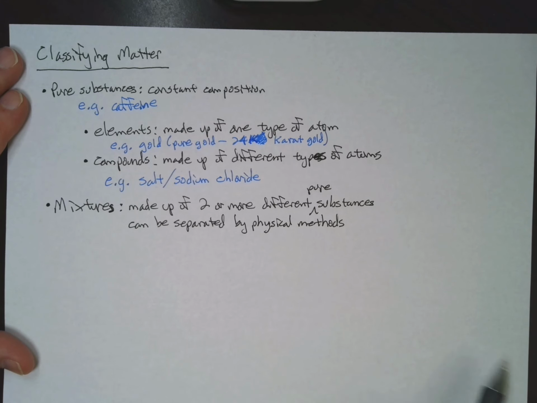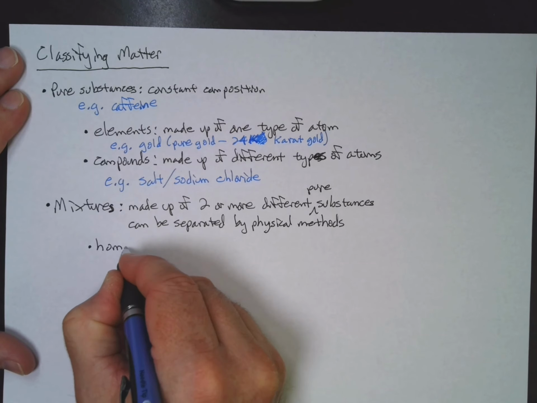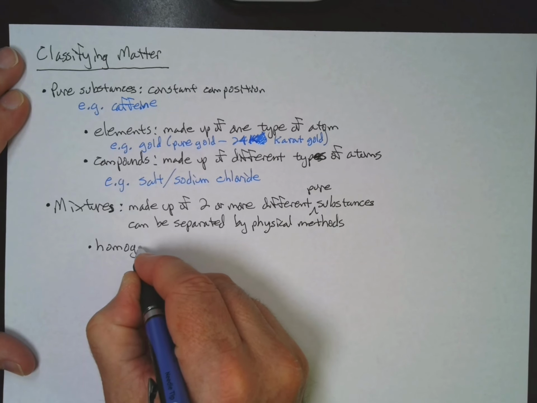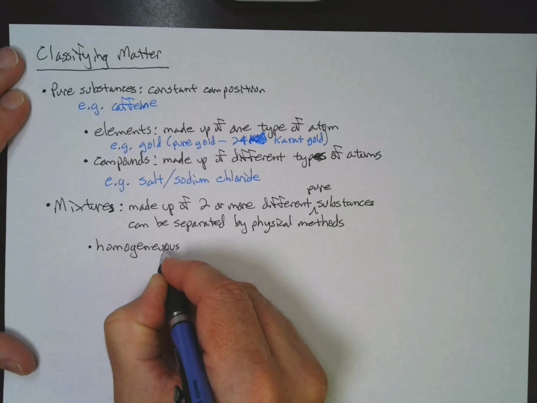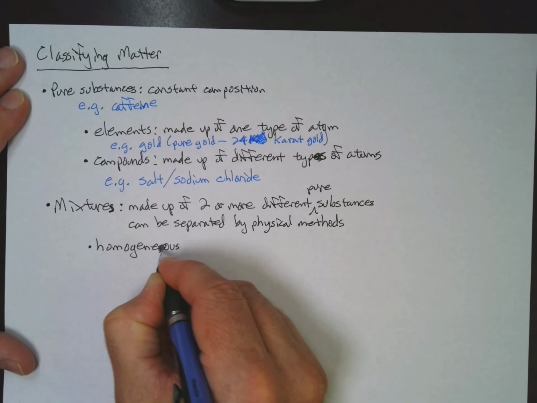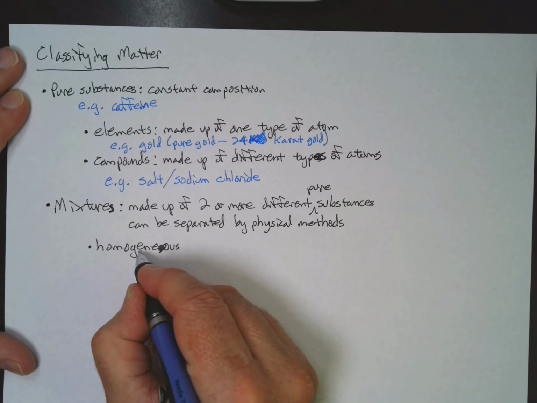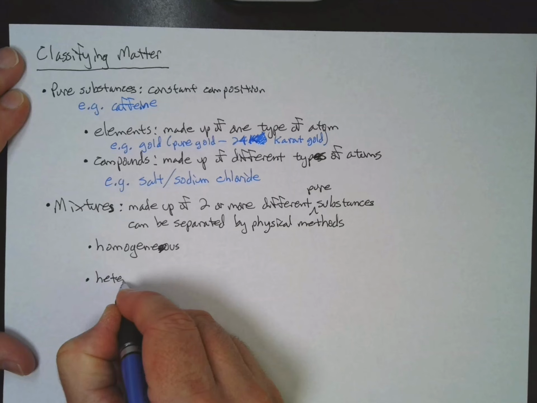We could, however, separate mixtures like air. So we have two types of mixtures, homogeneous and heterogeneous.